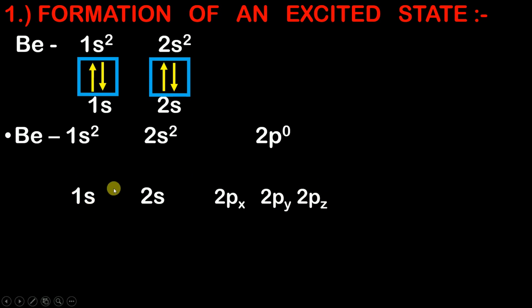Now since here we have only one orbital, we draw one box, and inside this there are 2 electrons present, so we draw 2 arrows.